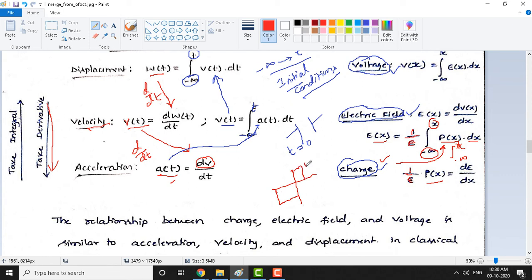This is rho of x. If you integrate this, that gives the electric field. And if you integrate the electric field between the limits minus infinity all the way up to x, that gives the built-in potential, which is v of x.